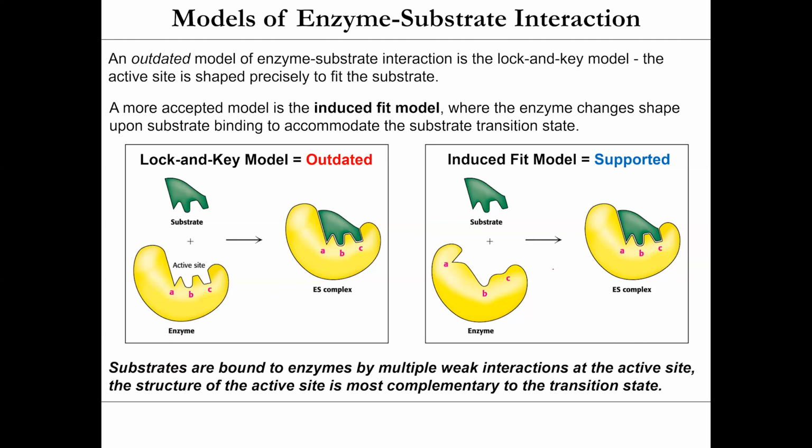Now we can look a little bit closer at how enzymes actually bind substrates at their active site. To help us understand this, there are two different models that we'll cover that describe how enzymes bind substrate at the active site. The first model, which is actually a little outdated, which describes the enzyme substrate interaction, is the lock and key model. In this model, the substrate would have very specific chemical characteristics and a very specific shape.